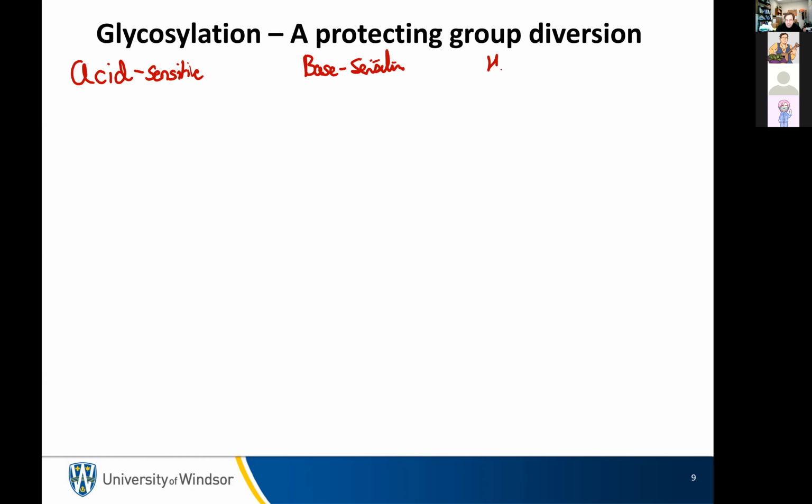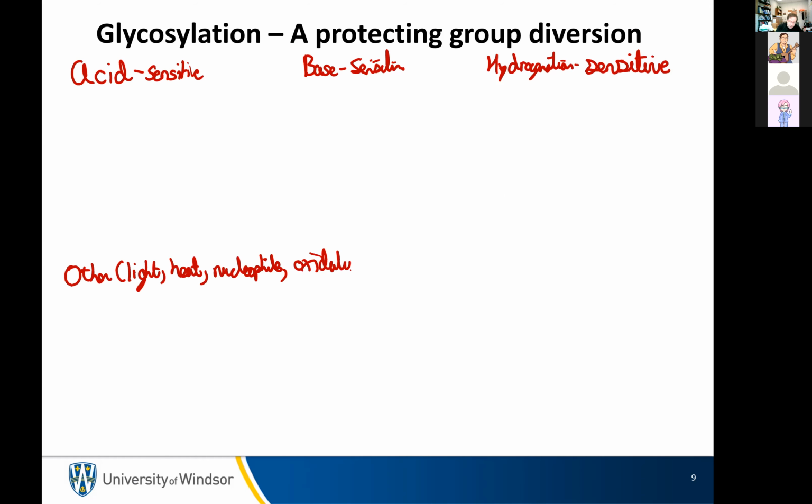We can use hydrogen sensitive groups. And then there's kind of other: light, heat, nucleophiles, oxidation. We're not going to talk a lot about the other.